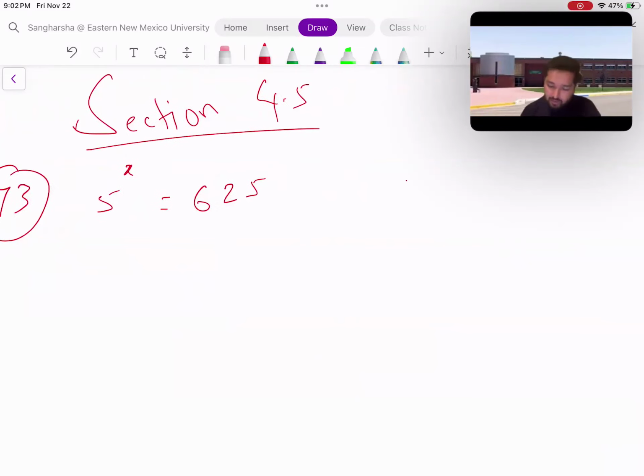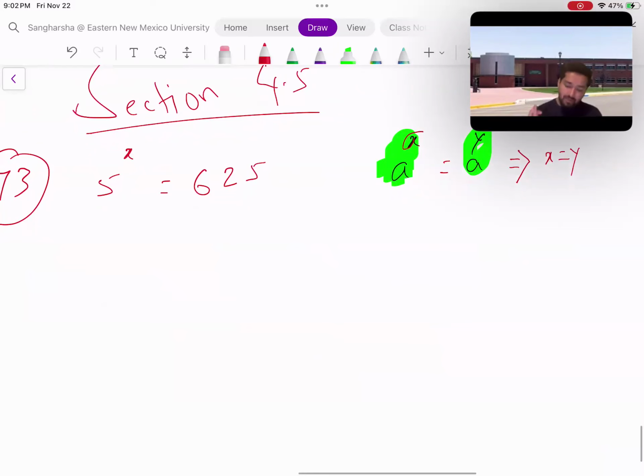For example, if you have a to the power x equals a to the power y, an exponential expression with base a equal to another exponential expression with the same base a, then this equation implies the exponents are equal. We can write x equals y.